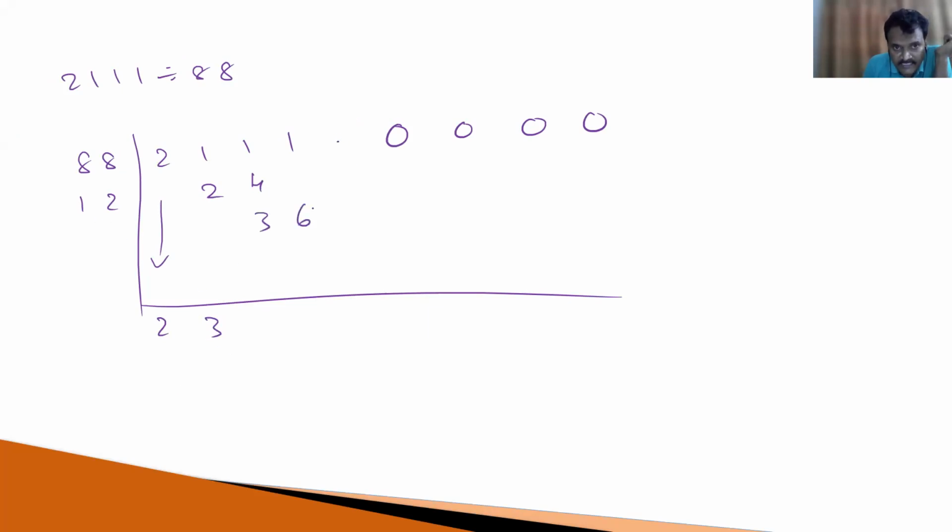Once you reach the decimal, just put a decimal here. 1 plus 4 plus 3, that is equal to 8. 8 into 1, 8. 8 2 times, that is equal to 16. Okay, now 8 plus 6, 15, right? 5 is here and 1 is here. Now what is the answer? 23.95, which is the required answer. That's it.